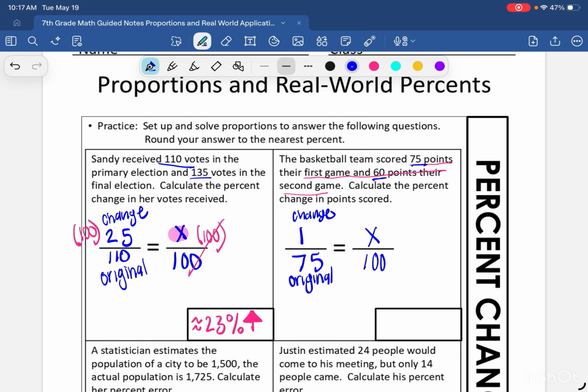That is 15. I can just go 75 minus 60 to get 15. All right, solving for this, my variable is in the numerator. Multiply each side by 100. I get 15 times 100 divided by 75, and that is 25%, and that is a decrease because the amount of points decreased between the first and the second game.